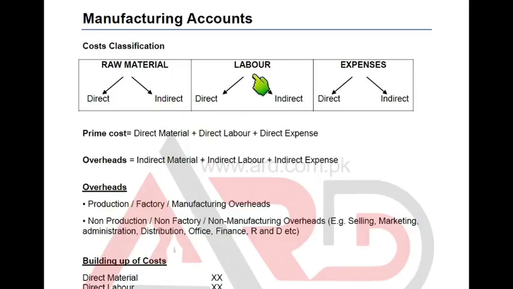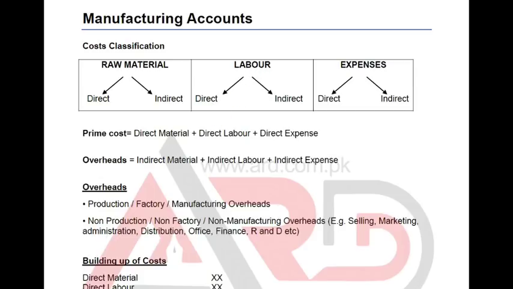Now, what does direct labor mean? See, cost classification is very important and is instrumental in understanding manufacturing accounts. If we are unable to understand the classification of cost, we won't be able to further identify the types of costs that are coming in the exam questions. All the labor which is directly involved in making of a particular product is known as direct labor.